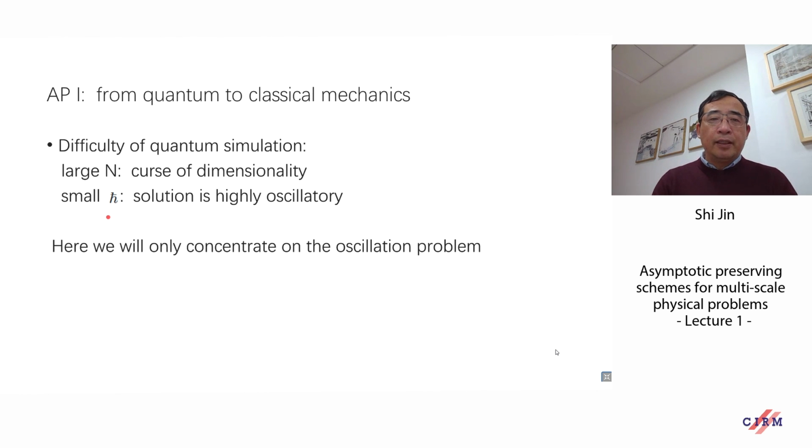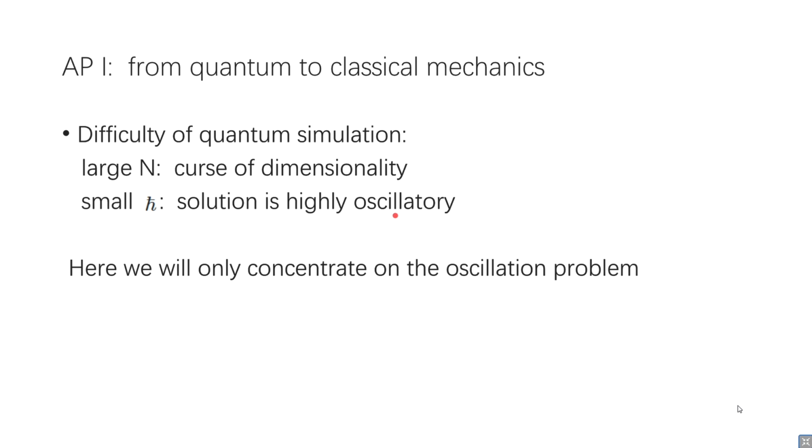Another difficulty is that the Schrodinger equation is valid on a very small scale. At the beginning of the last lecture, I mentioned it's valid on a scale of Angstrom, which is like 10 to the minus 10 meter. And the Schrodinger equation is actually a wave equation, so the solution is highly oscillatory. These oscillations cause you a lot of trouble.